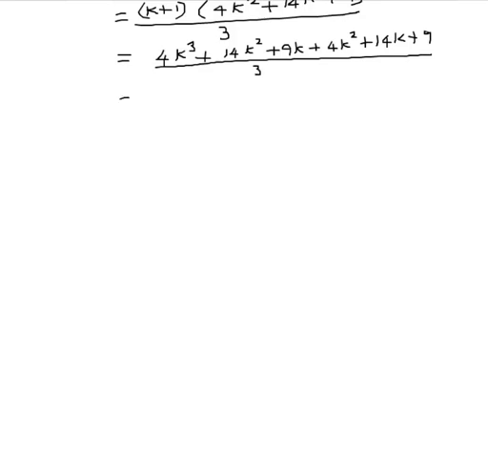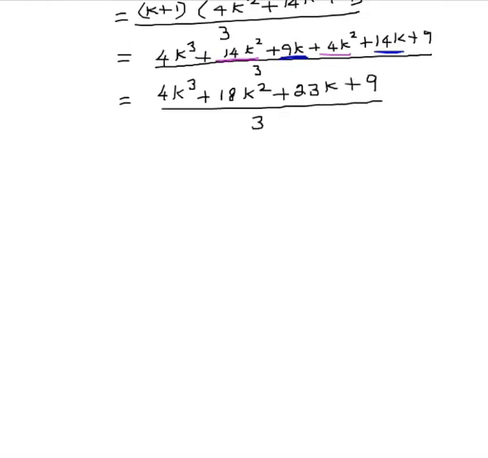This is equal to 4k cube and 14k square plus 4k square. Here these two are like terms, 18k square, and here we have 9k and 14k, which is 23k plus 9, divided by 3. So we will prove this result, which is easy for us to prove, to avoid factorization.